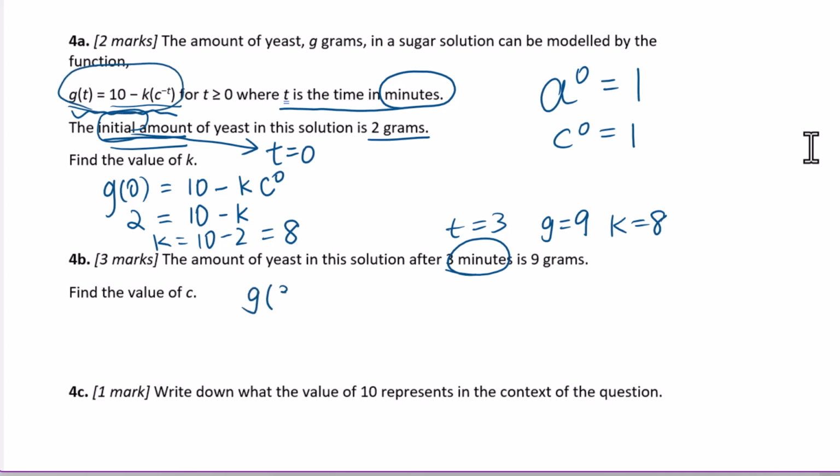G of 3 equals 10 minus 8 times C to the negative 3rd power. G of 3 equals 9. So 9 equals 10 minus 8 times C to the negative third power.